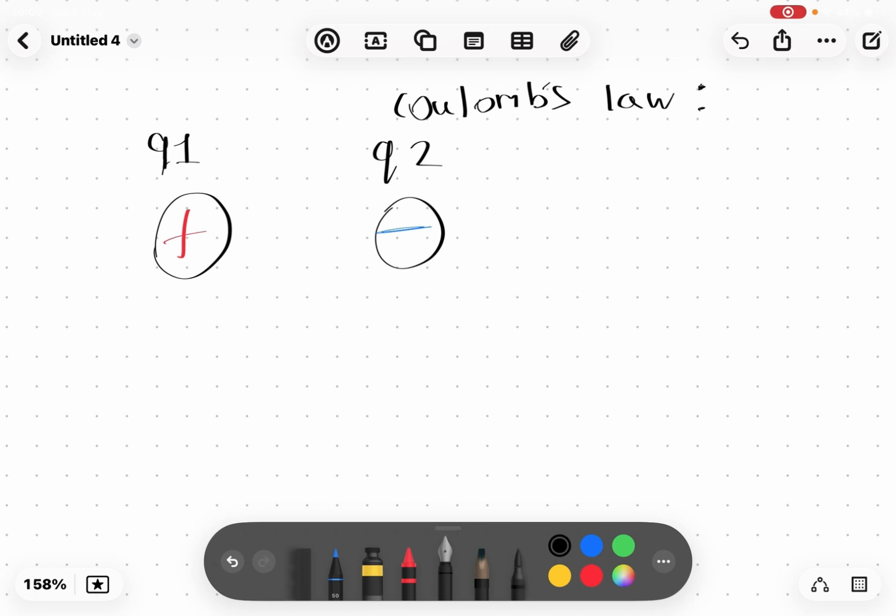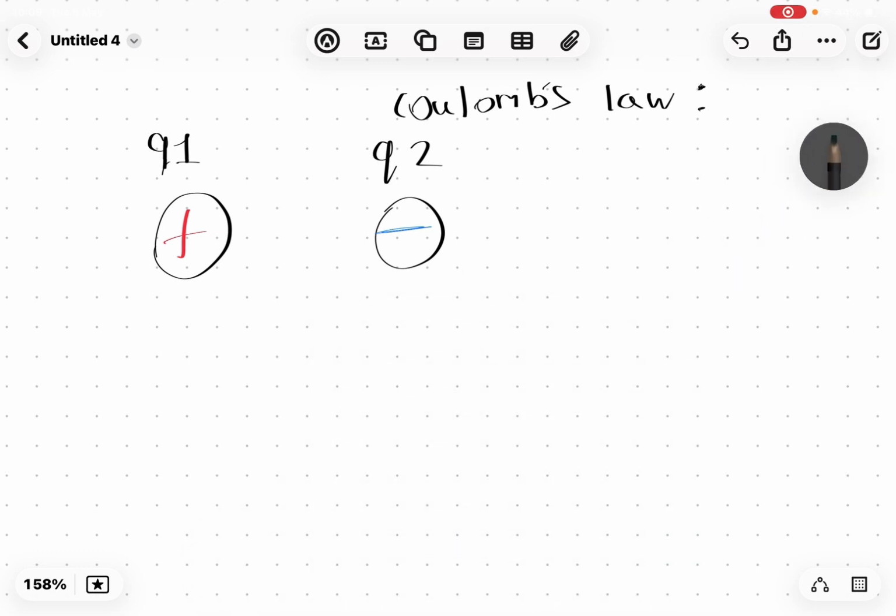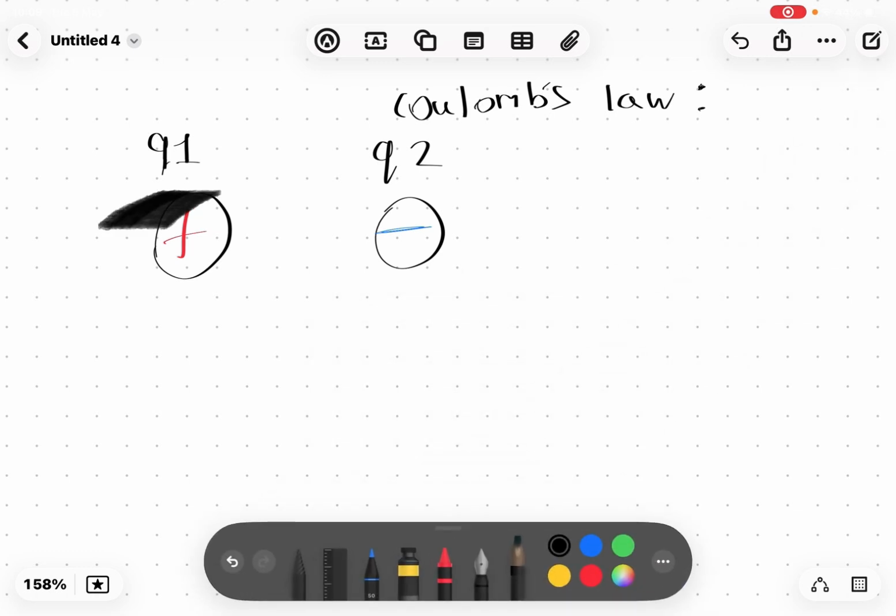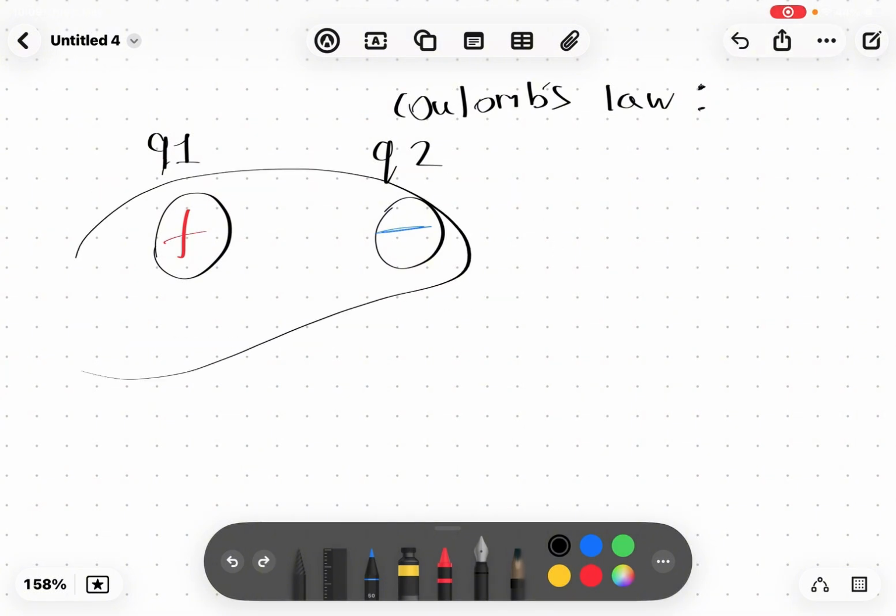We have to know that opposite signs, atoms in this case, attract. It's kind of like magnets. You should know that, that's basic knowledge.